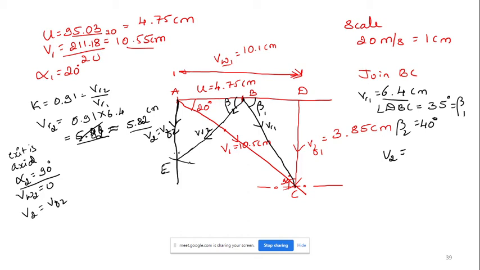Sir, now clear, sir. I took it from A, sorry. No, you have to take it from B because it is VR2. Okay, these are the values over here. Fine.